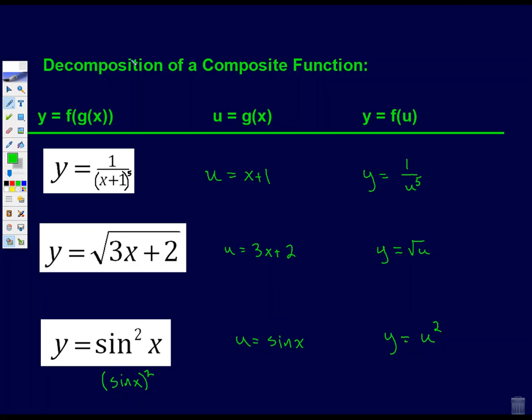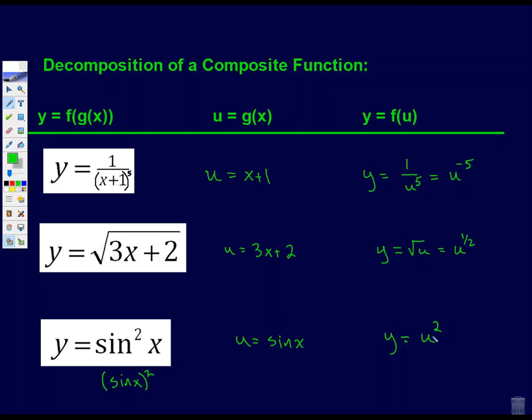Okay, knowing how to break these down in this way is important, because what I want you to notice is the derivatives of the expressions on the right are all basic derivatives. They all can be done with the power rule. This one can be written as u to the minus 5. This one could be written as u to the 1/2.